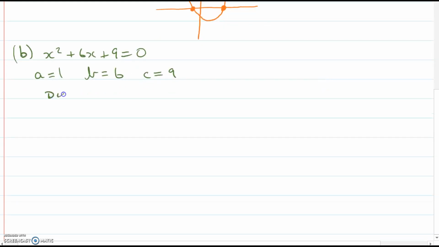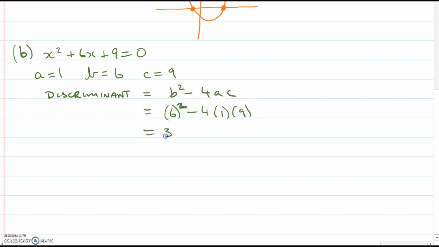So the discriminant, b squared minus 4ac, is going to be 6 squared minus 4 times 1 times 9. Well, 6 squared is 36, minus 4 times 1 is 4, times 9 is 36, which is equal to 0.